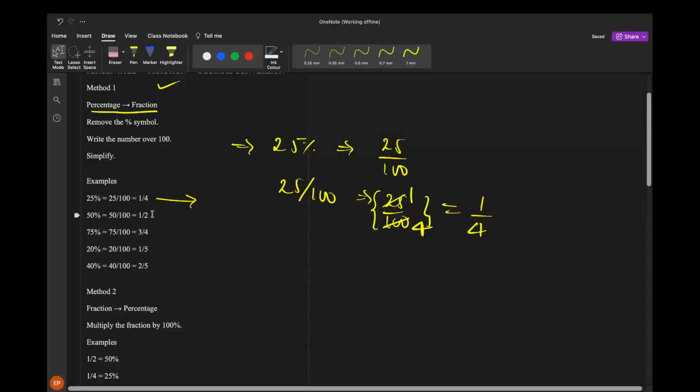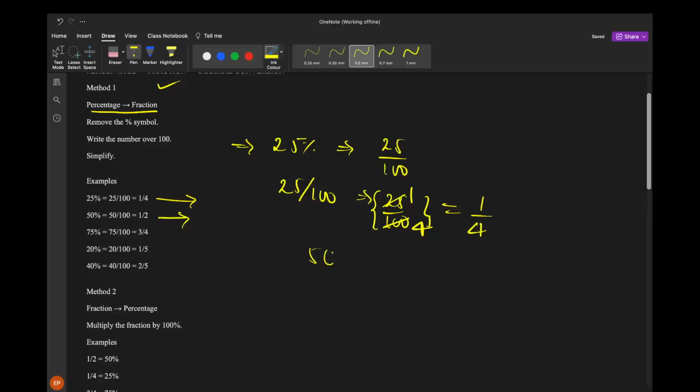Okay, 50% means 50 per cent. Basically, as I told, percentage to fraction means remove this symbol and just write the number over 100, means 50 over 100, like that. 50 ones are 50, 2s are 100, which gives us 1 by 2. 75% means 75 per 100. 25 threes are 75, 25 fours are 100, which gives 3 by 4.